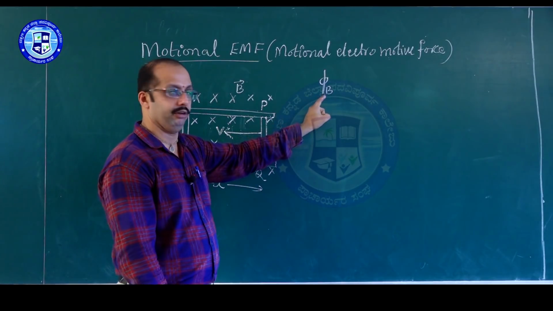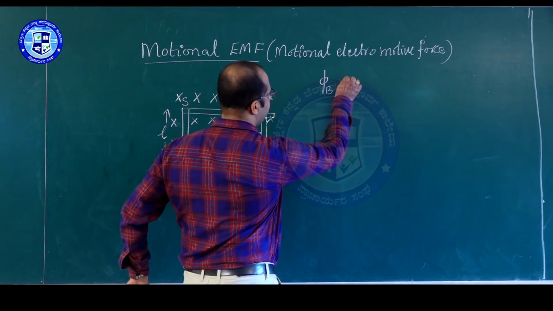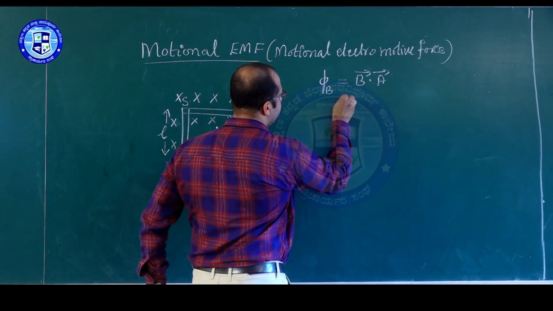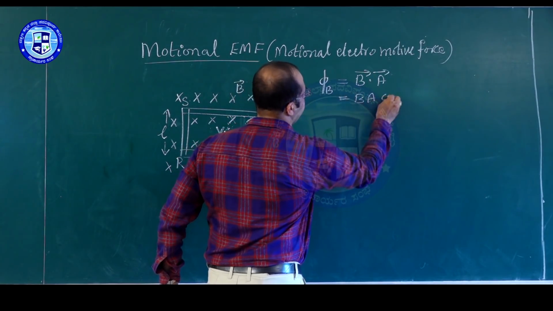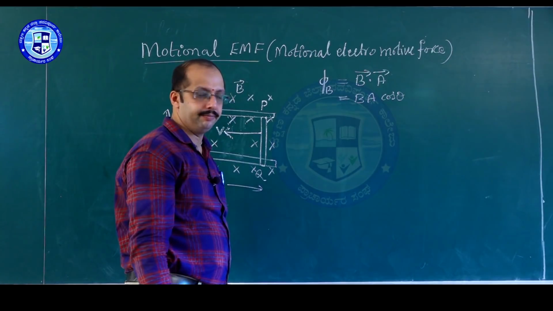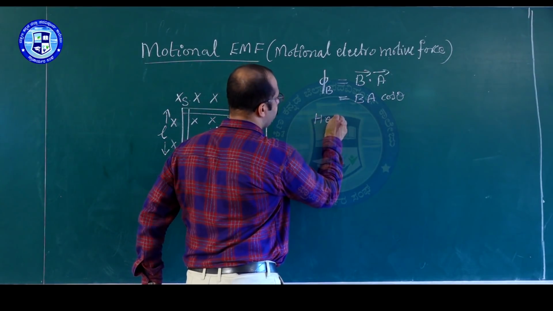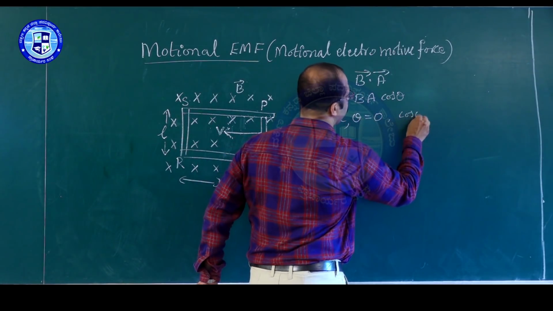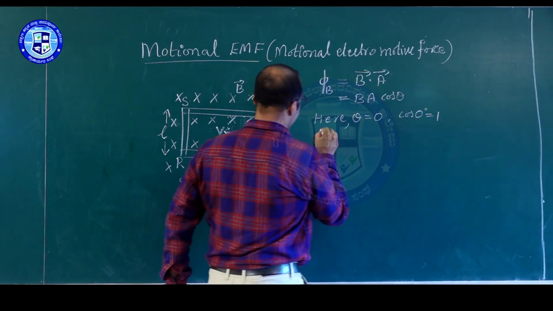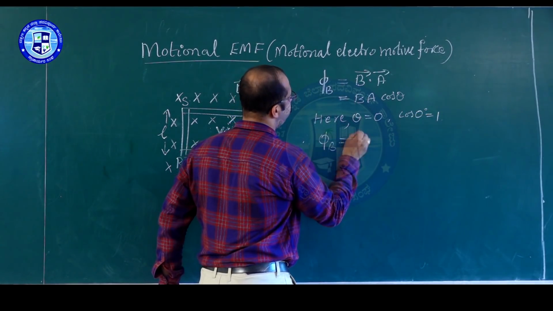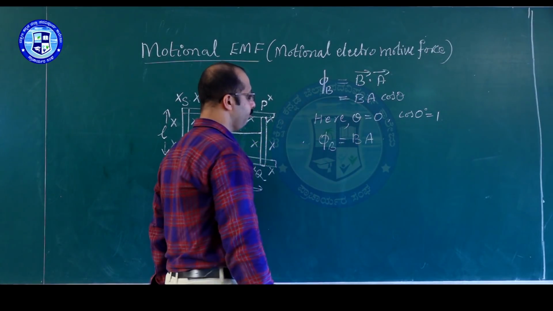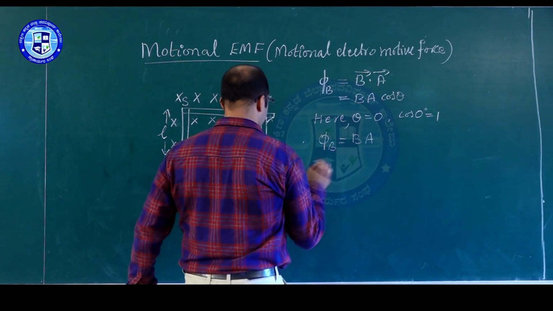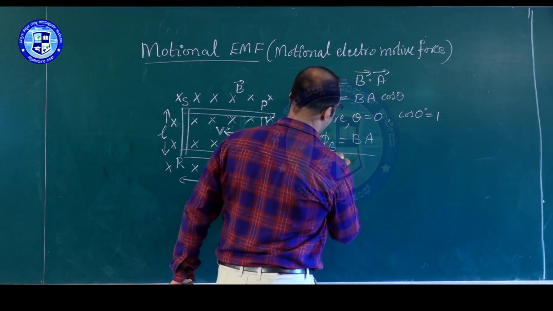Phi B is represented by vector B dot vector A, or B A cos theta. Here theta is equal to 0, and cos 0 degrees is equal to 1. Therefore phi B is equal to B into A, which is the maximum flux.